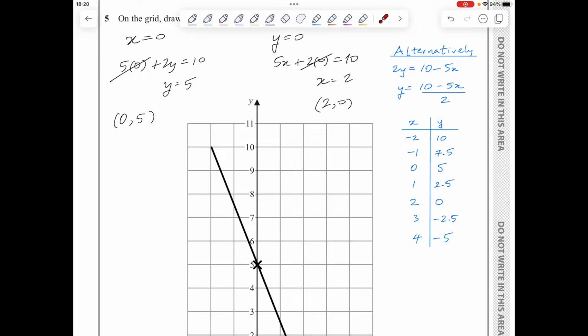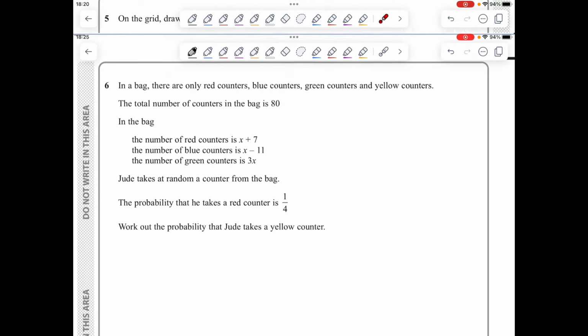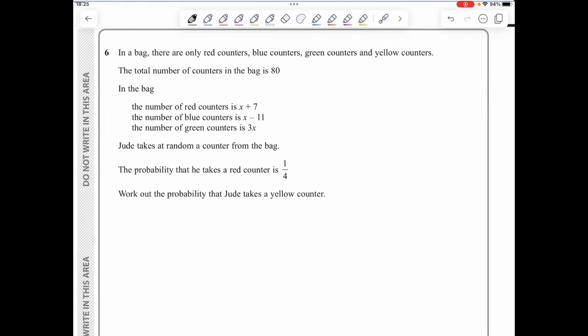In question 6, I've got a bag with red, blue, green, and yellow counters. There are x plus 7 red, x minus 11 blue, and 3x green.